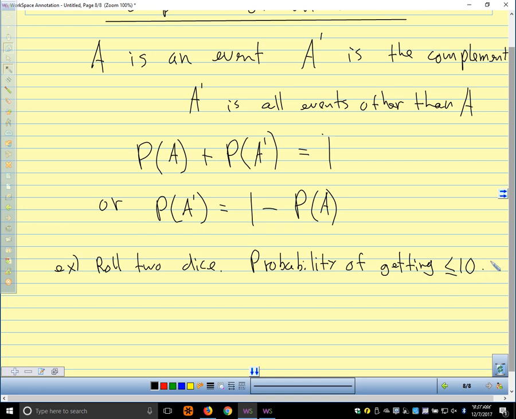So one way we could calculate this, we could think of this as the probability of getting a 1 or a 2 or a 3 or a 4 or a 5 or a 6 or a 7 or an 8 or a 9 or a 10. And you could add those all together. So that's a lot of work. And depending on the event that you're talking about, it could be a huge amount of work to try to figure that out.